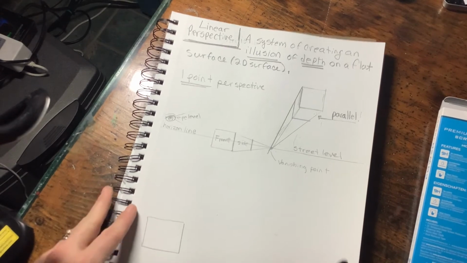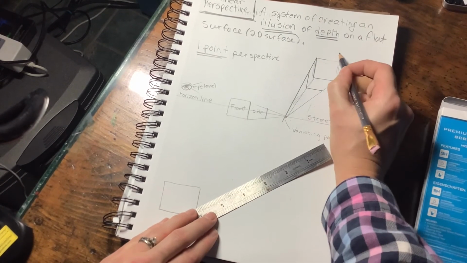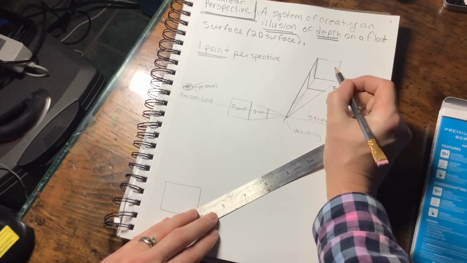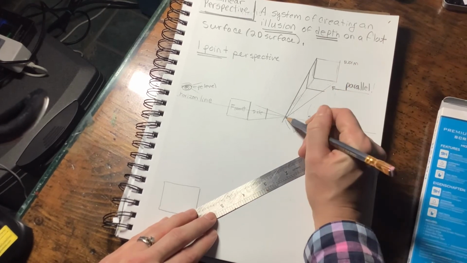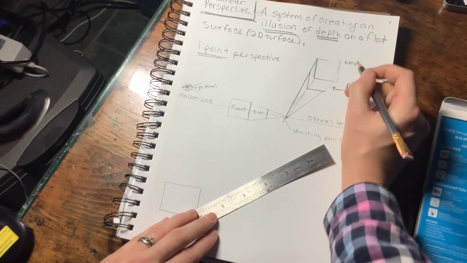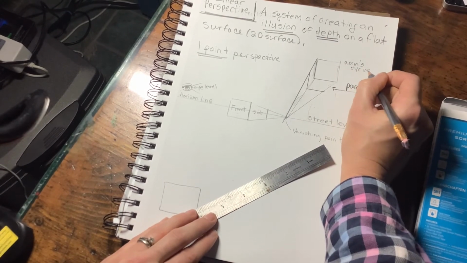All right. And this one up, so this one is called worm's eye view. And that's because imagine you're the worm, here's your eye, and you're looking up. You're not looking down. So that's worm's eye view.